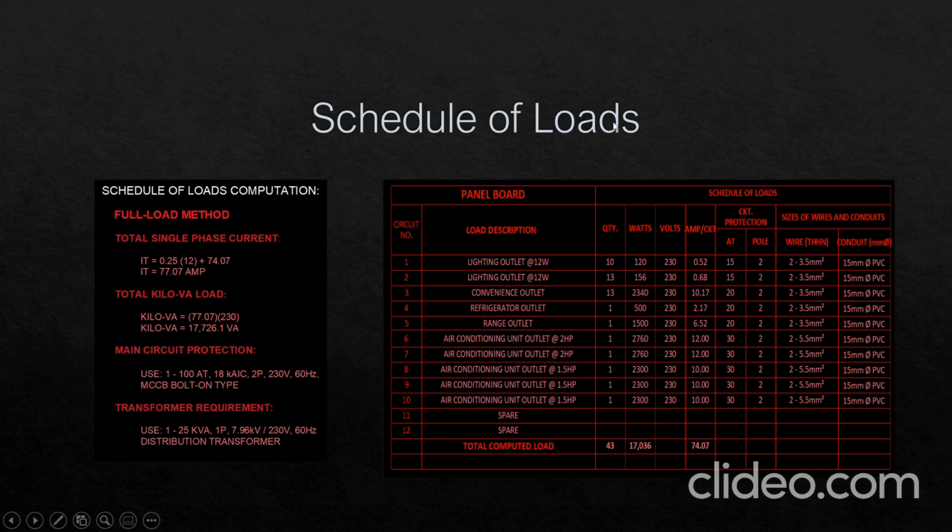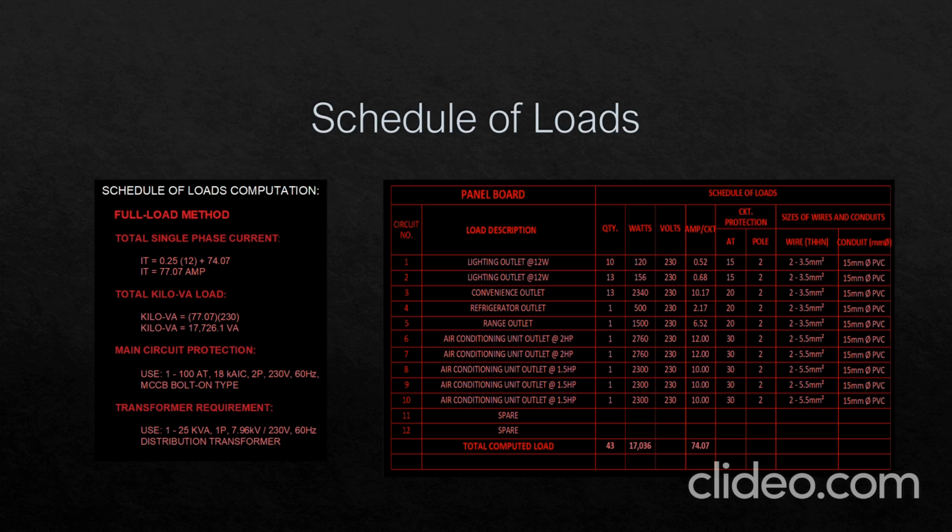We get 0.25 times 12 plus 74.07 amps. So in order we get 77.07 amps. To get the kVA, just multiply it by 230 volts.